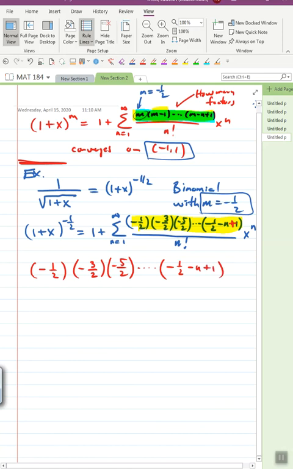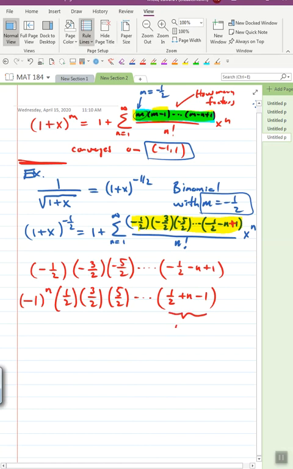Okay, so let's just look at that part. We just said there are n factors there, right? So that means I should be able to pull out negative 1 to the n, and that would leave a positive 1/2 and a positive 3/2 and a positive 5/2 all the way down to, well, same thing on this last one. I've pulled out a negative 1, which means I should have 1/2 plus n minus 1. Which, of course, what is this actually?